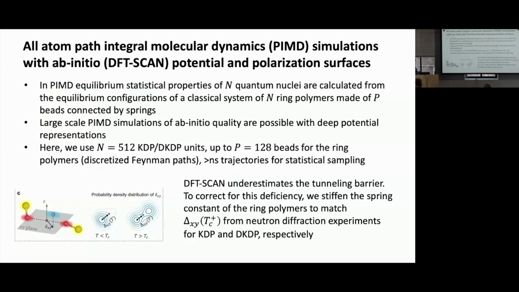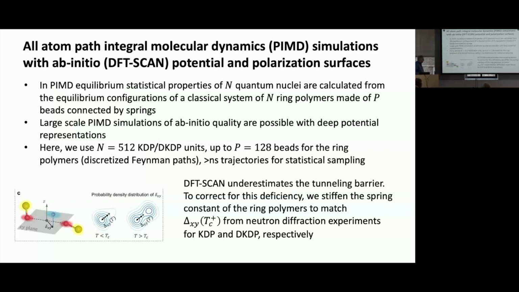Again, we adopt this methodology, and we went up to this number of units and up to 128 beads for the ring polymer. And we could do trajectories longer than nanoseconds, several nanoseconds, for statistical sampling.